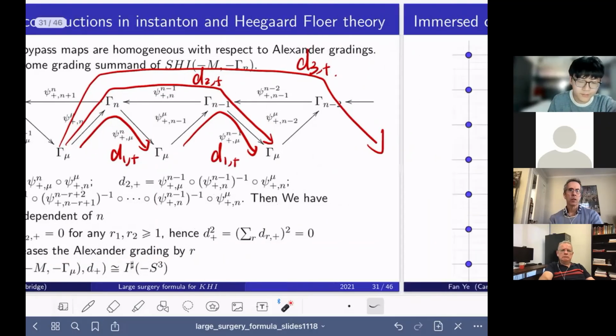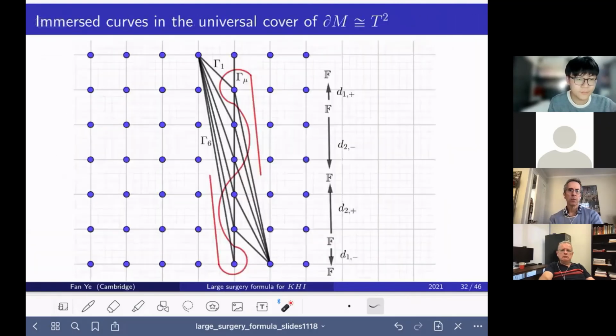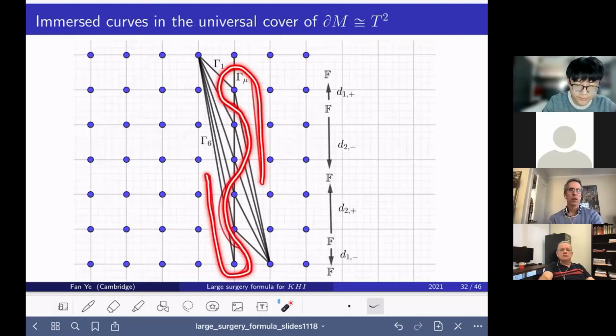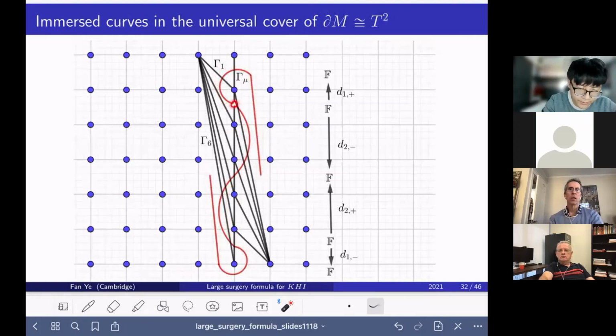Okay, and maybe we can look at the picture to understand why we need to define the map like this. So here is an example of a curve invariant, and if we take a line of slope infinity, we will get five generators, which correspond to this five-dimensional space.